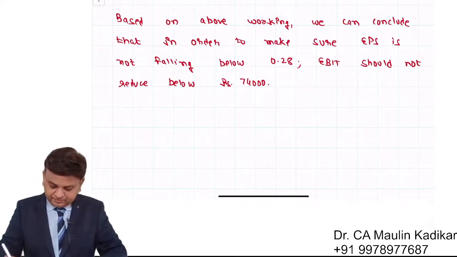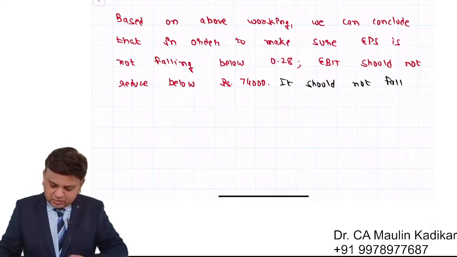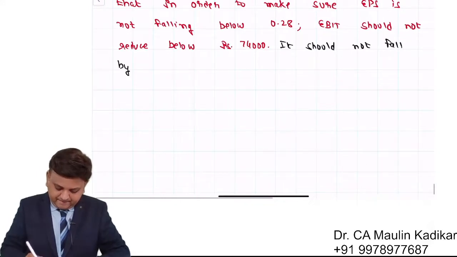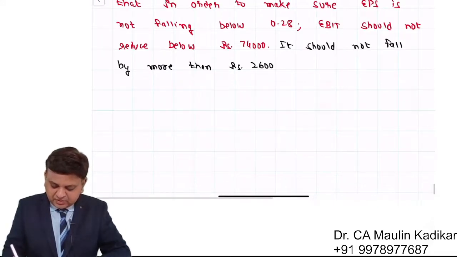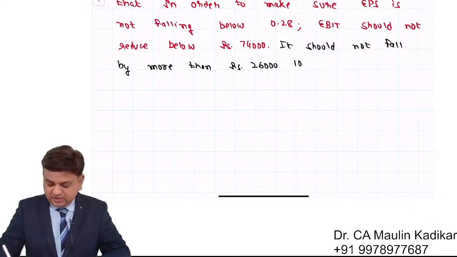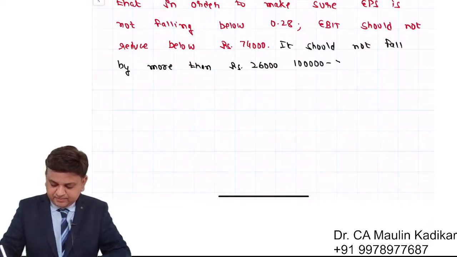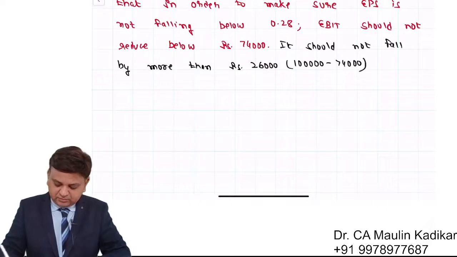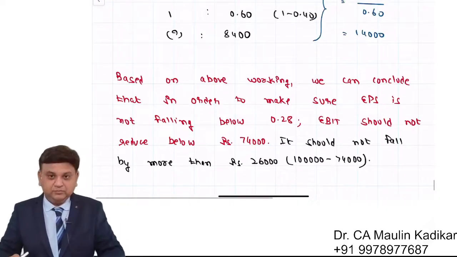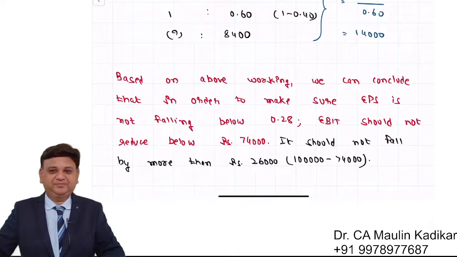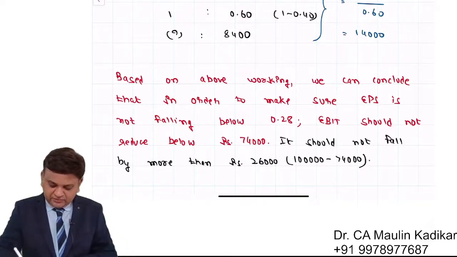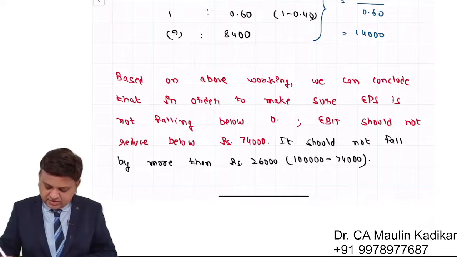Full stop. It should not fall by more than rupees 26,000. How is 26,000 calculated? 1 lakh minus 74,000. This is what we understand. I'm sorry friends, there is a mistake on my end. This is 84 paise.